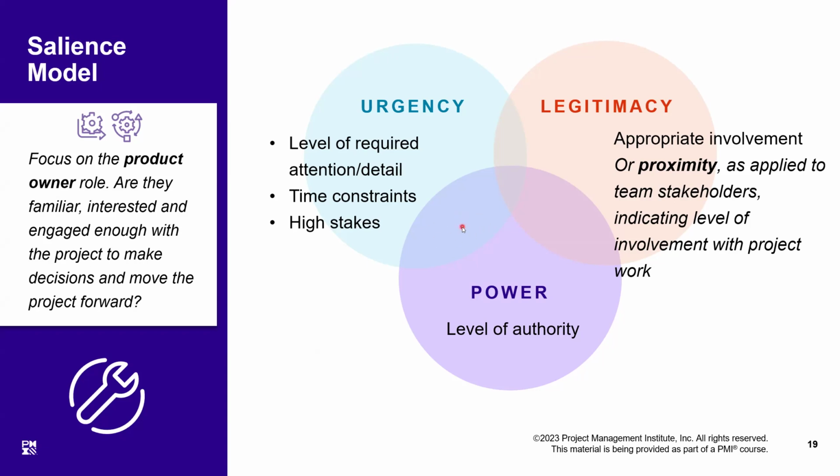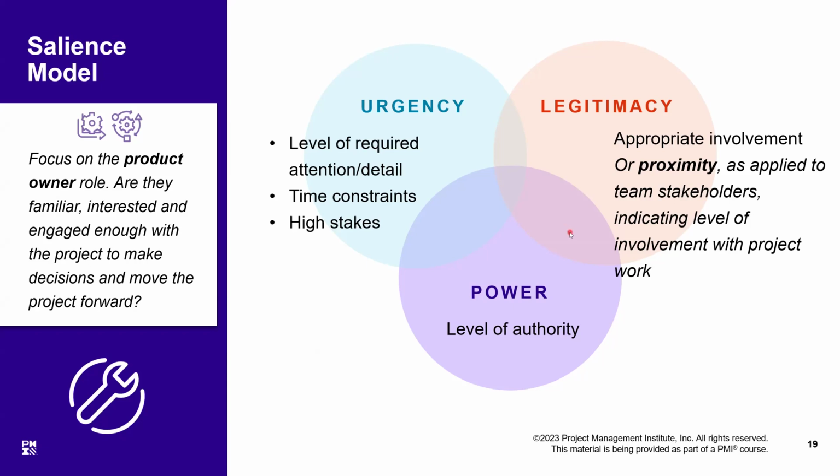Yeah. Can you explain this area? What is happening here? It means that it has got a bit of power, and it has got a bit of legitimacy. No, it is not a bit.